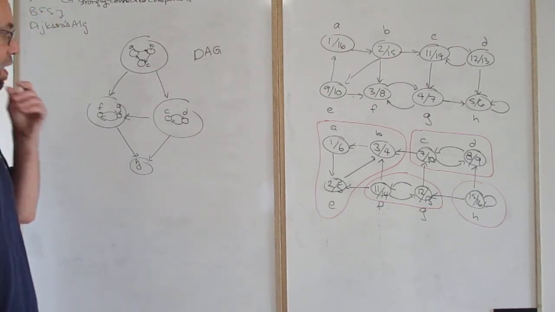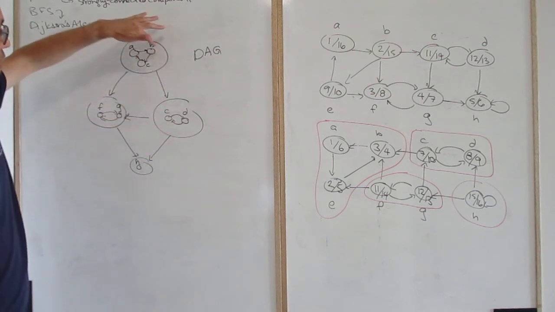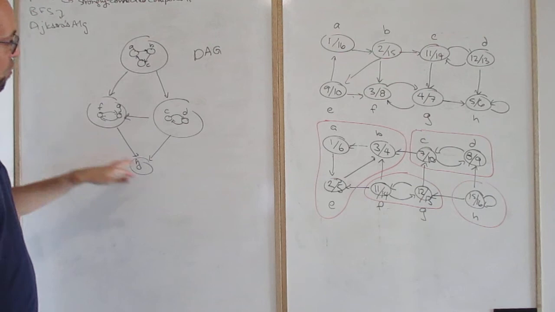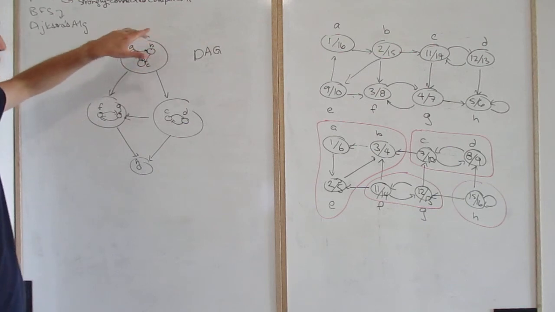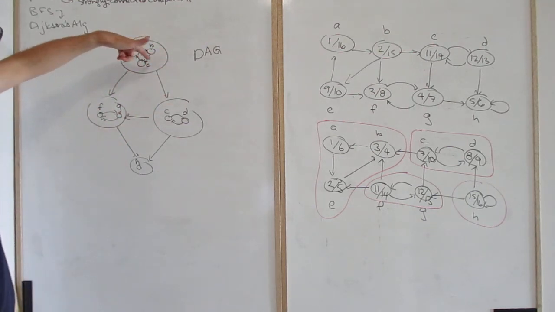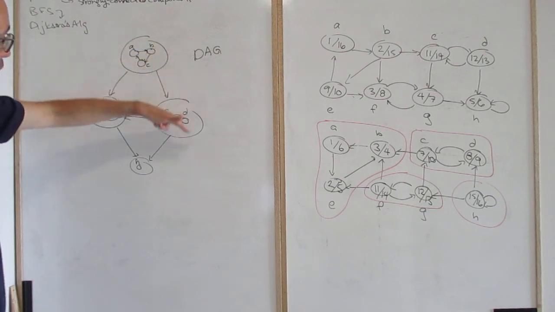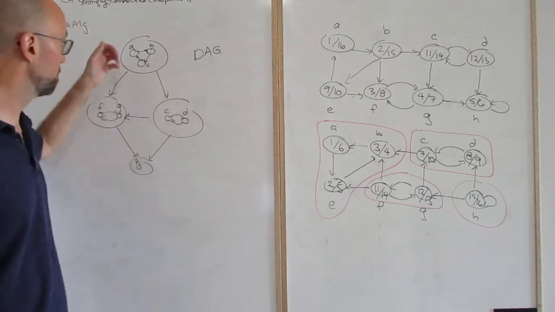So if the thing that you can reach the most from, this is going to have the largest finish time. Somebody in here is going to have the largest finish time, because if you start in here, your DFS is going to take in everybody else, everything that's reachable from this component.